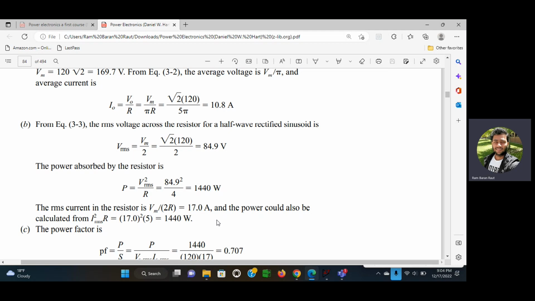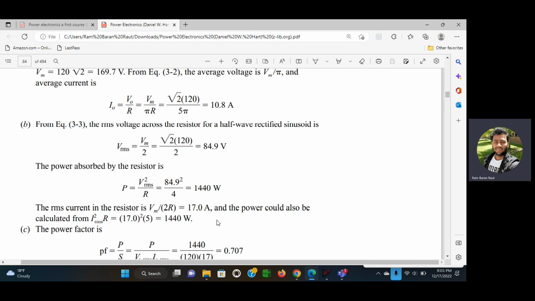And the power could also be calculated from I squared RMS times R. Yeah, for that one. And we had the current, like 17. We can just square that one and multiply by 5.